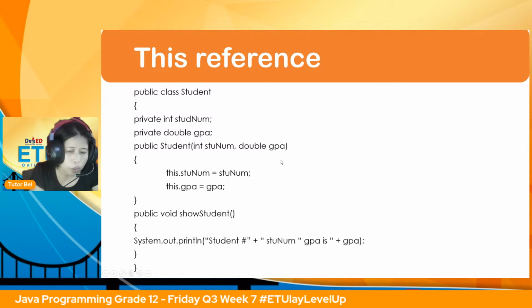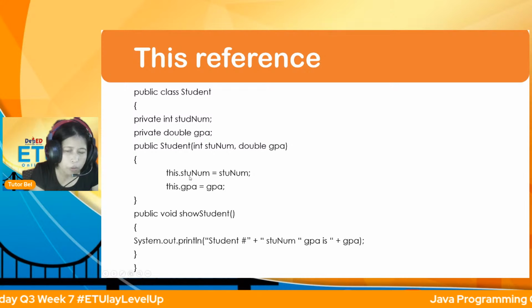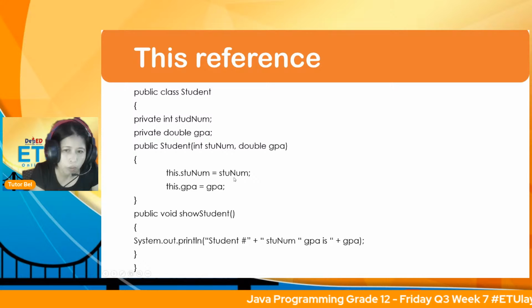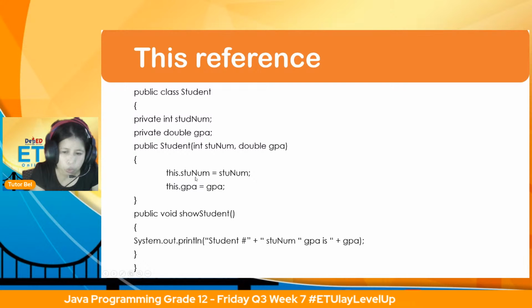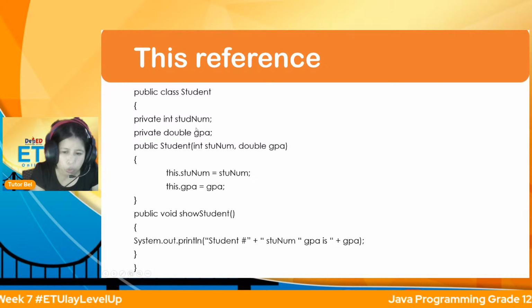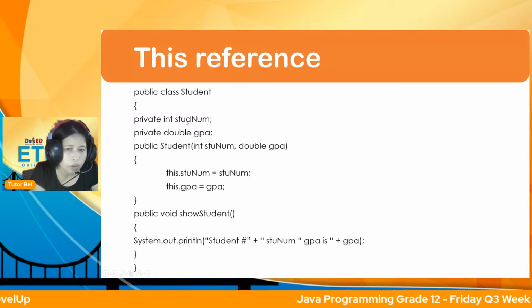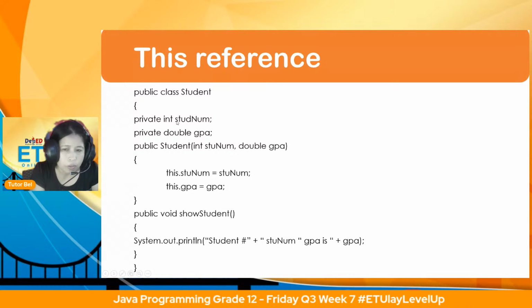If we want to refer to stuNum, then this.studNum is equal to studNum. Sorry, I made a mistake there. The studNum is the one we are referring to, the one above, after what we declared, our declaration private int studNum.